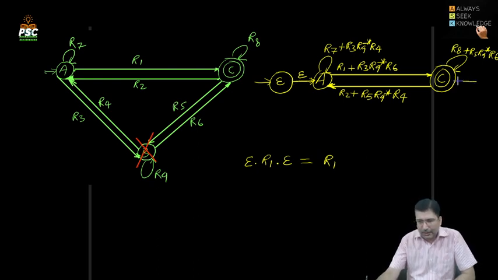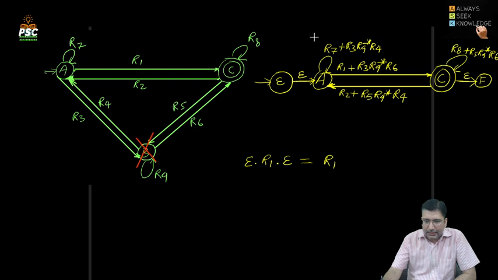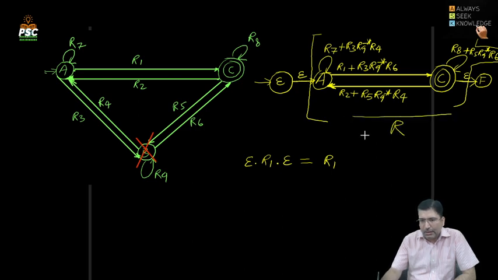Similarly, we do not assume that C was the final one. We can introduce one new state, let's say F or any state. Whatever the regular expression was running here, overall, let's say from here to here it is R, and in this R or R1 you are concatenating epsilon on both sides.